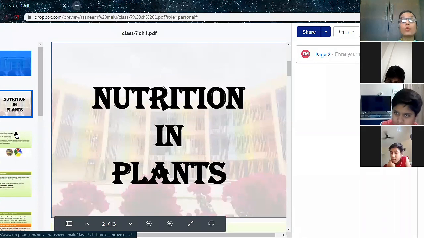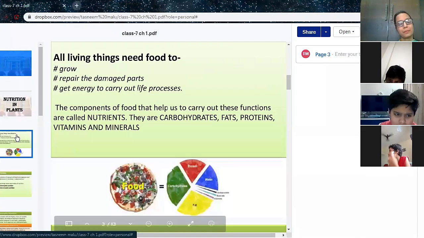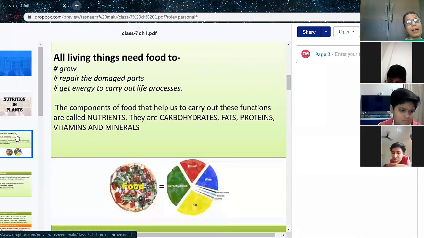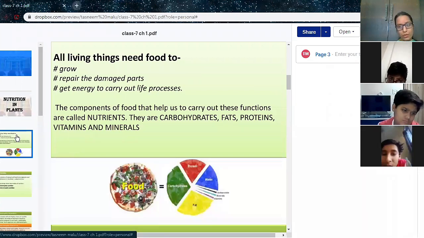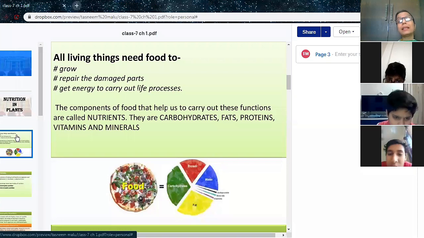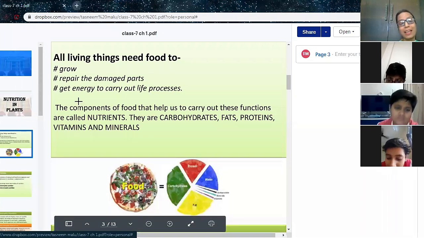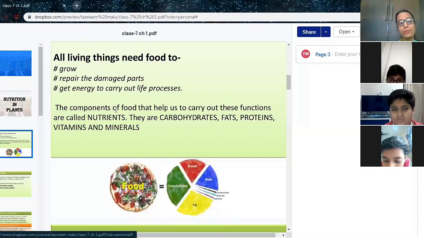So now let us find out what actually nutrition in plants is. As we all know, all living things need food to grow, to repair their damaged parts, and to get energy to carry out life processes. The components of food that help us to carry out these functions are known as nutrients.